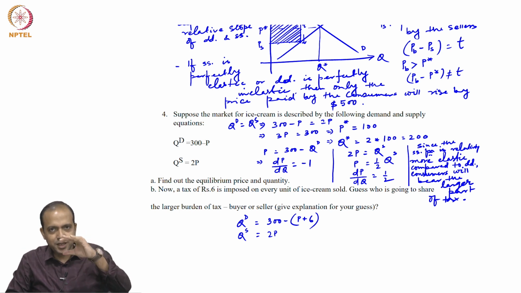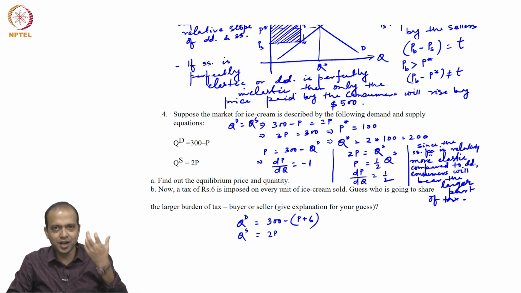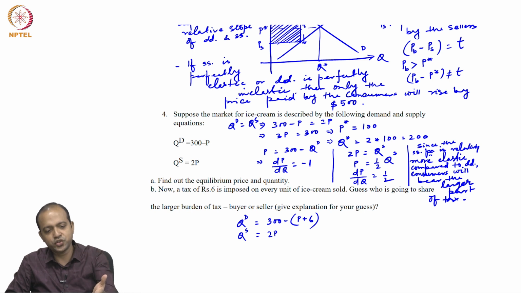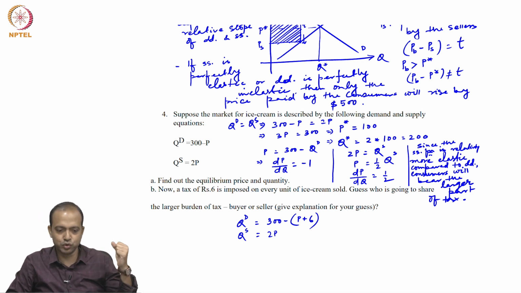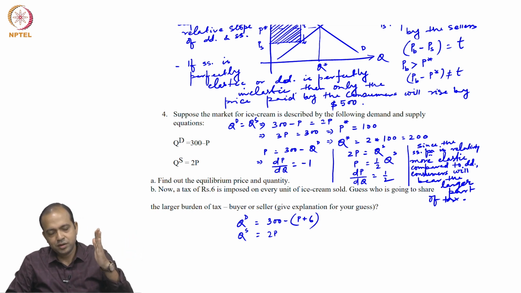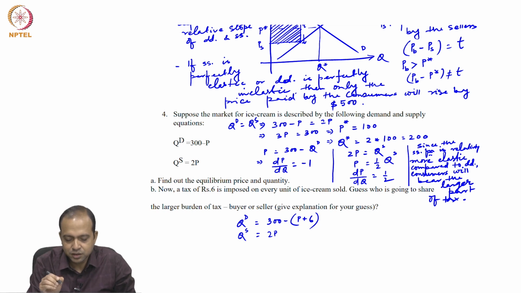Since the imposition of tax does not change the ultimate outcome of taxation, you can either assume tax is imposed on the buyer or on the seller. Here we are assuming that it is imposed on the buyer. So, the price paid by the buyer will increase, that is why the quantity demanded is 300 minus P plus 6. Supply remains unchanged.